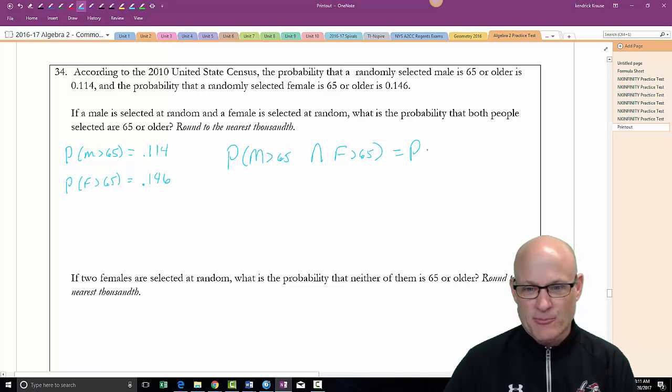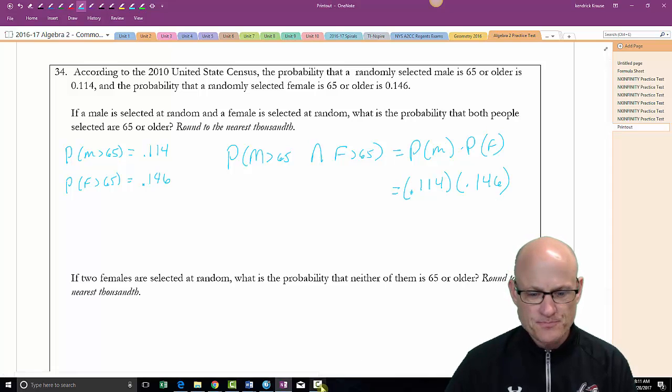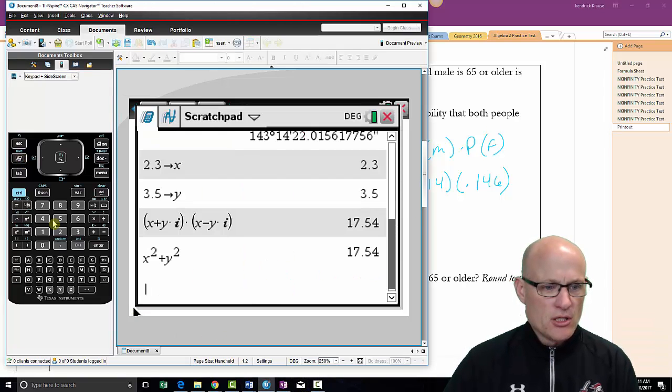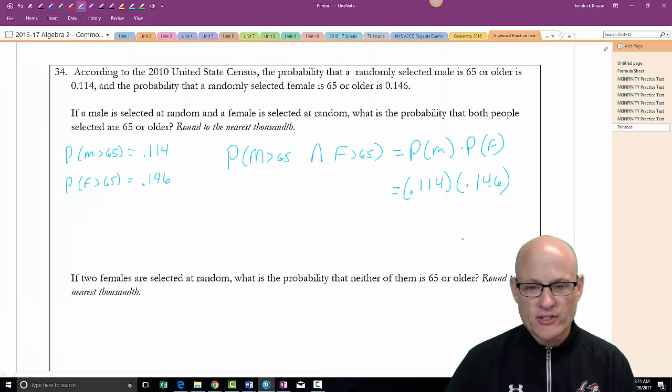So I'm going to say that's the probability of male times the probability of female. So this is equal to 0.114 times 0.146, which equals 0.0166.